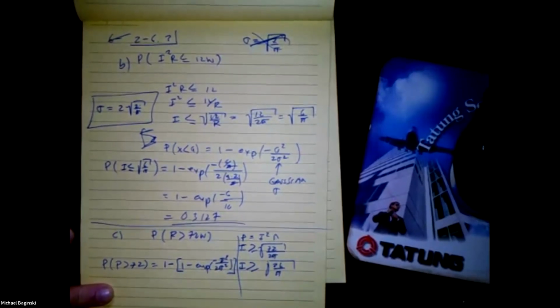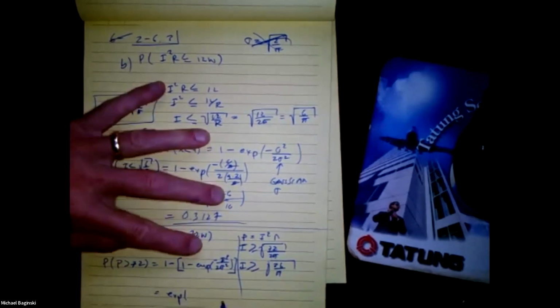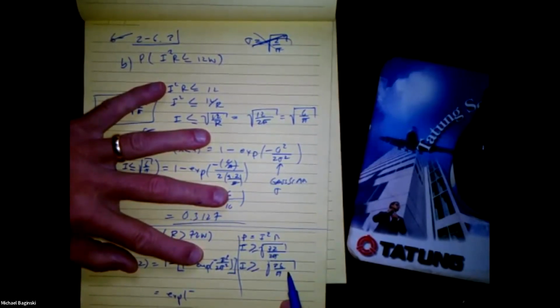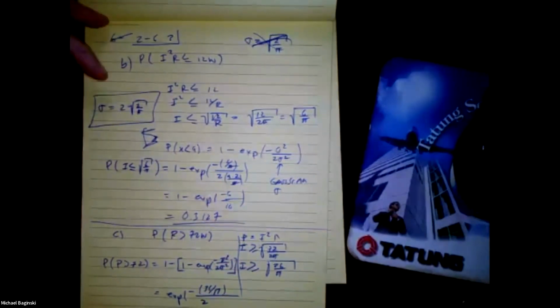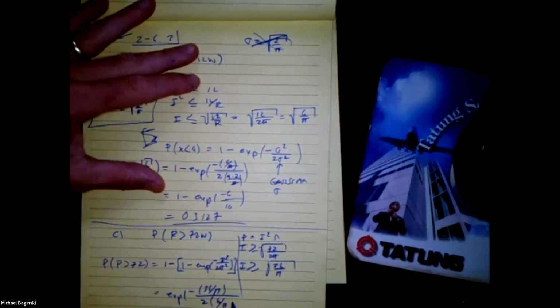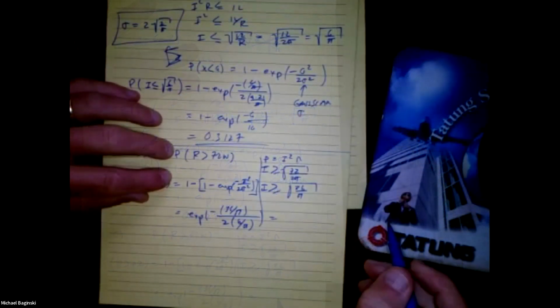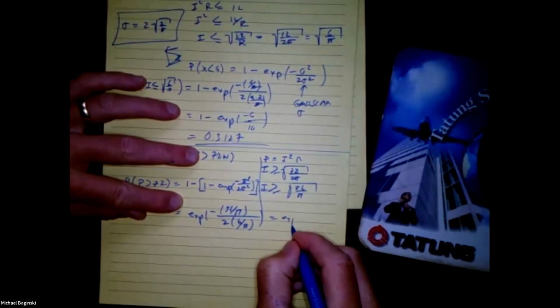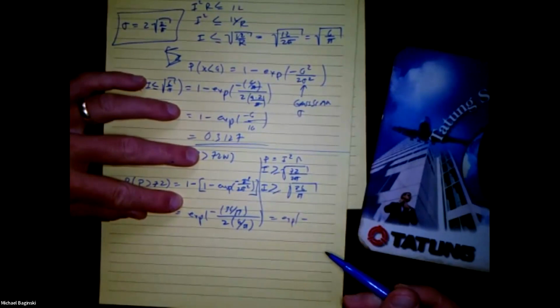You all see that 1 minus 1 is 0, and the minus sign becomes a plus. So it's just equal to exp of minus I squared, which is 36 over pi, over 2, and then sigma squared is 4 times 2, which is 8 over pi. And the pi's cancel, so that's exp of minus, and I get 36 over 16.